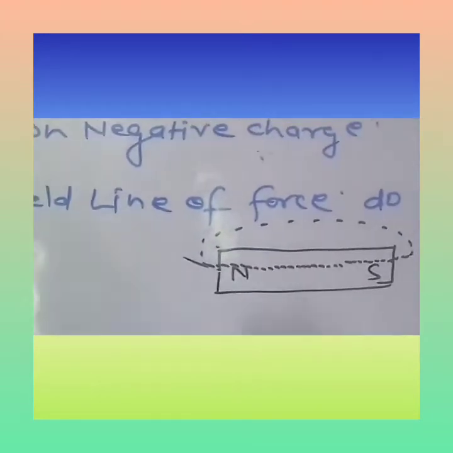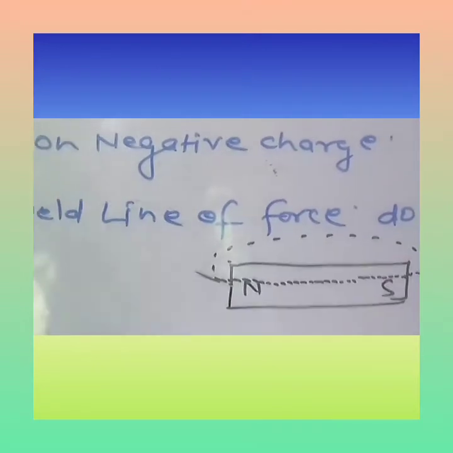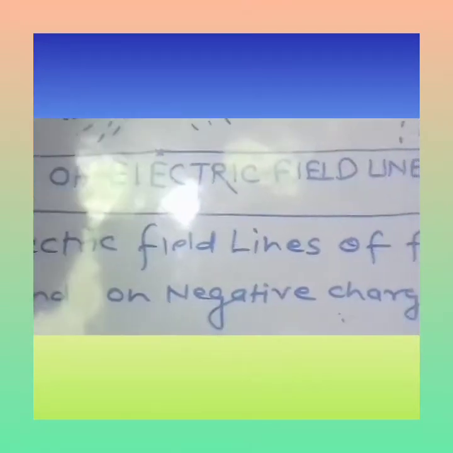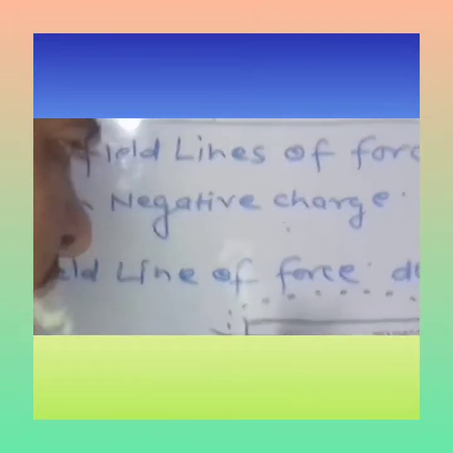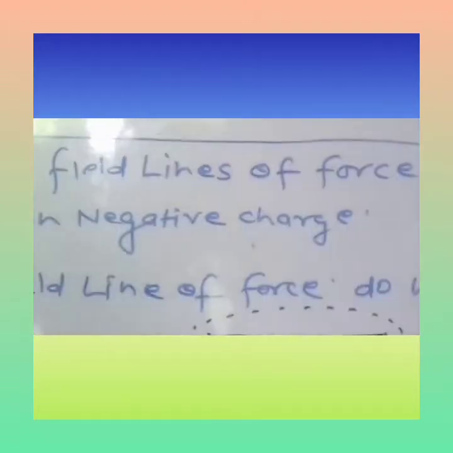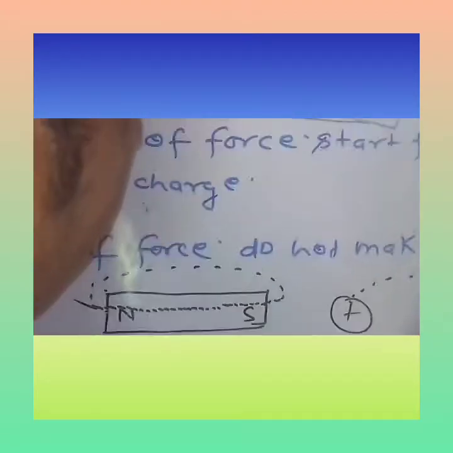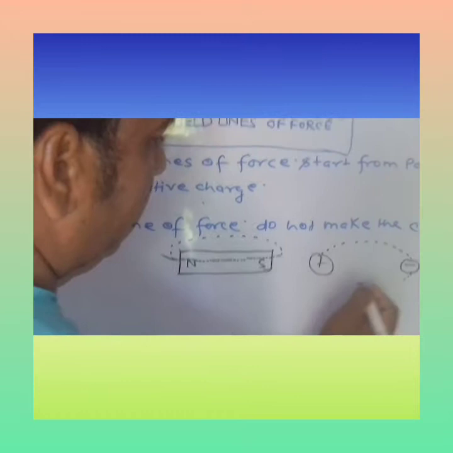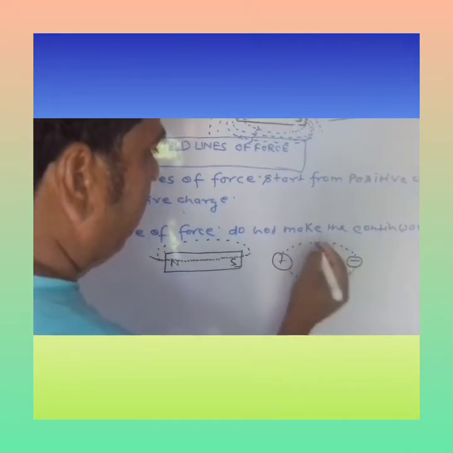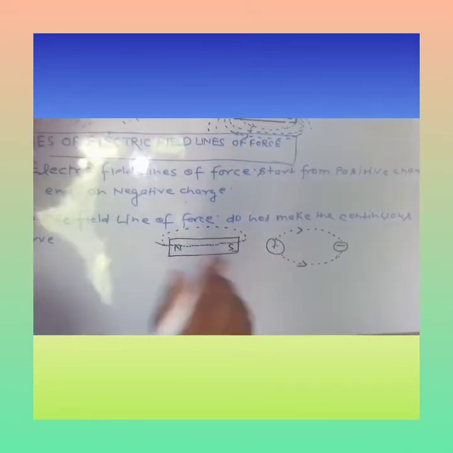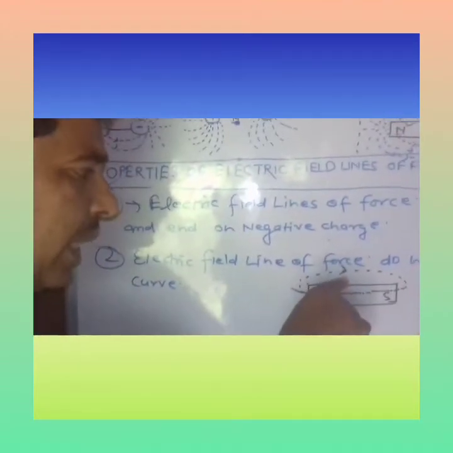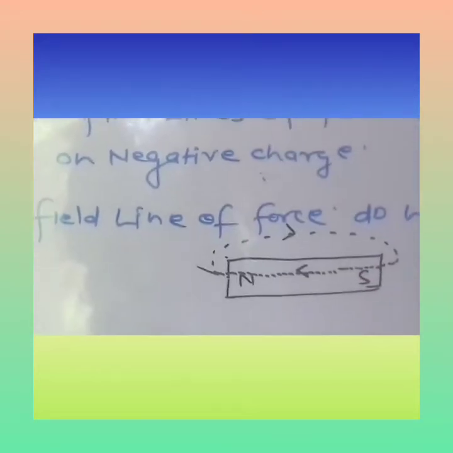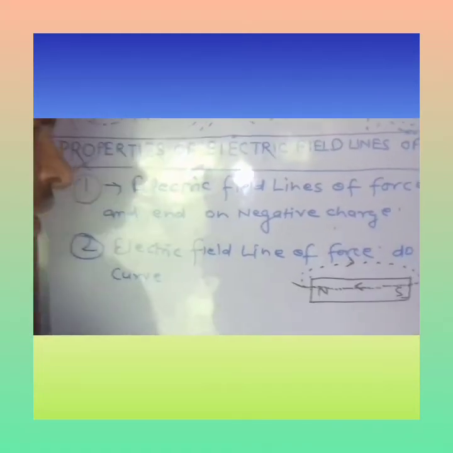Thus you can see magnetic field lines of force make a continuous curve, but electric field lines of force do not make a continuous curve. Here I will put the arrow in one direction, but on the outside I can put the arrow in this direction, and inside the magnet I can put the arrow in this direction.